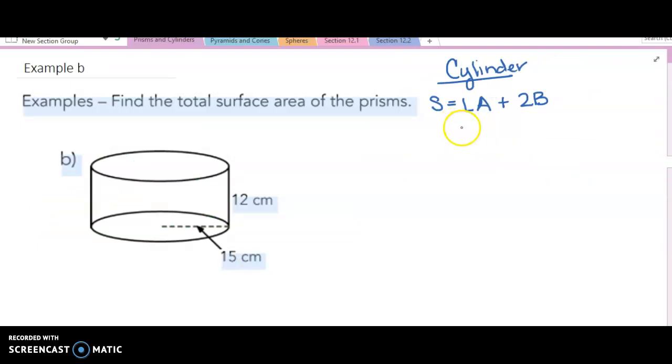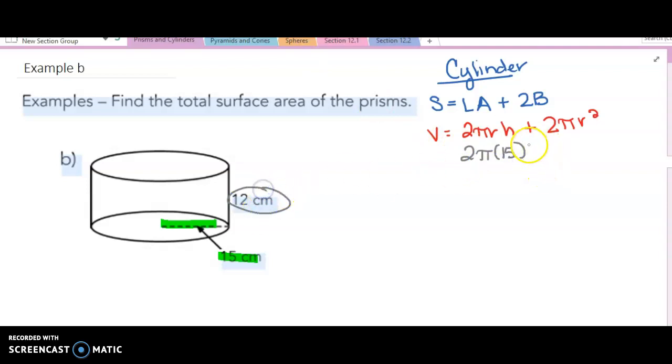All right, so let's go back to this. So the lateral area is the circumference times the height plus 2 times the area of my base, which is pi r squared. Okay, well, here's my radius. So 15, 2 pi times 15. My height is 12. 2 pi times 15 squared.